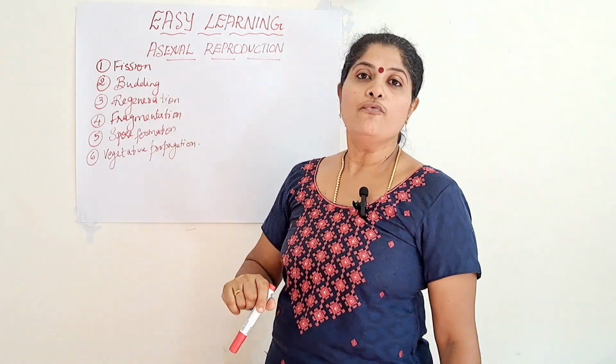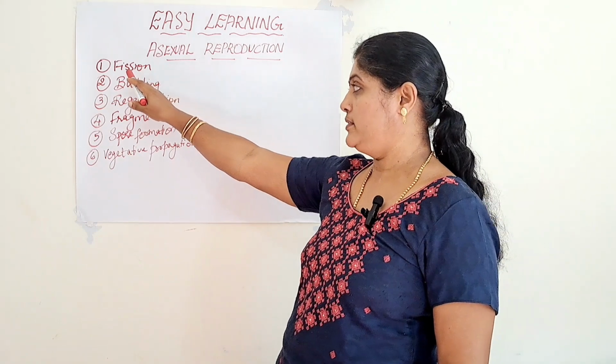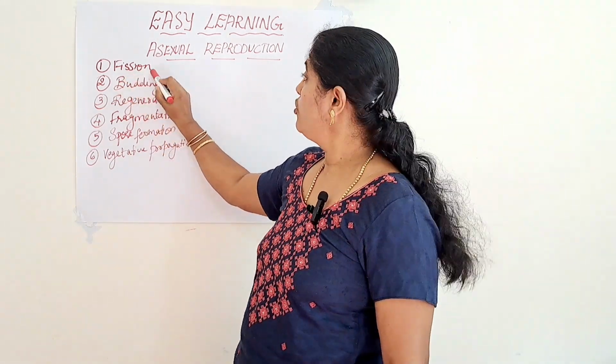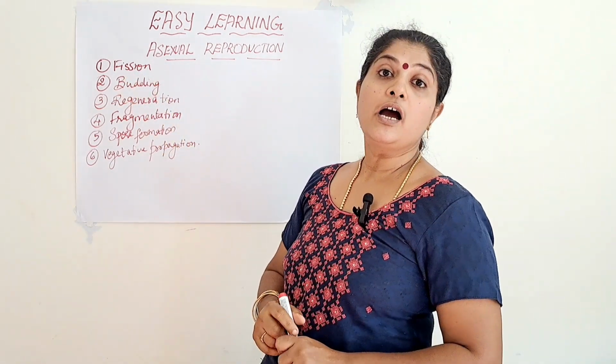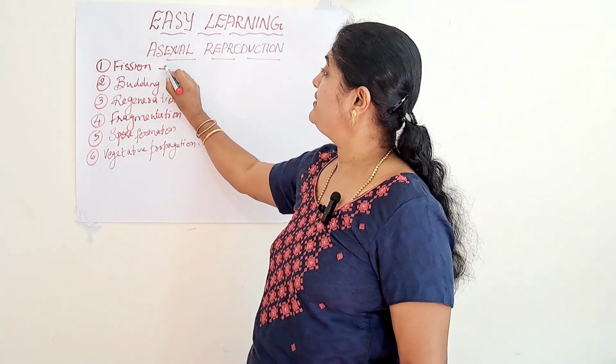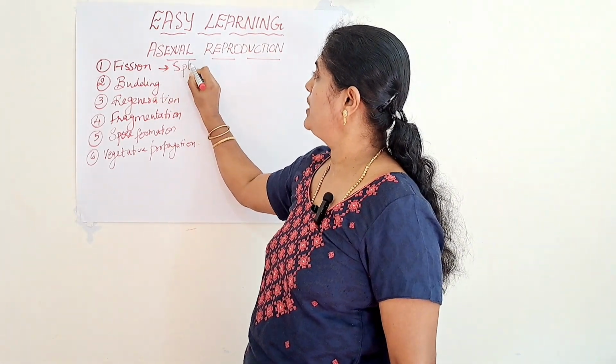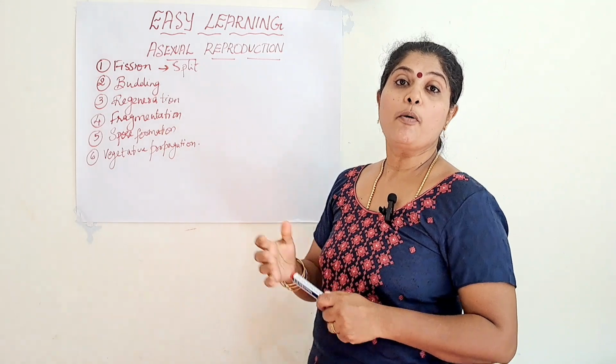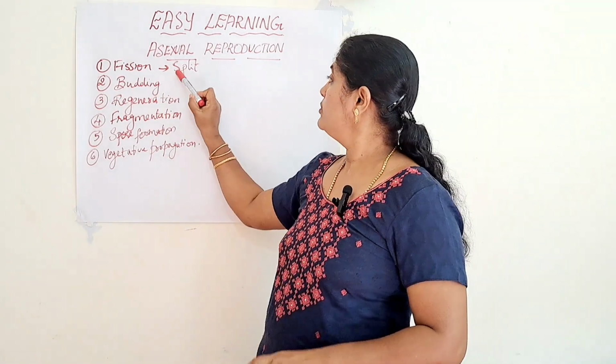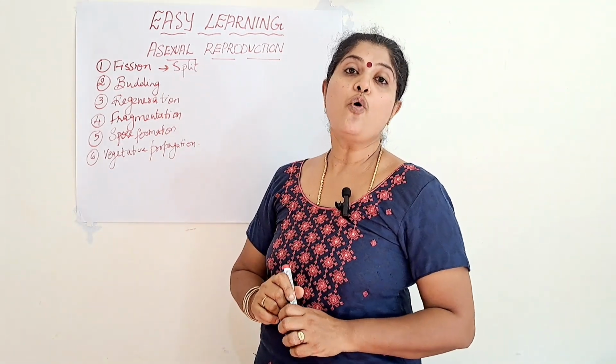Now we will move on to the first asexual method, fission. What is meant by fission? From the term itself we know it is splitting. Fission means the splitting up of the parent organism in order to get the new organism.